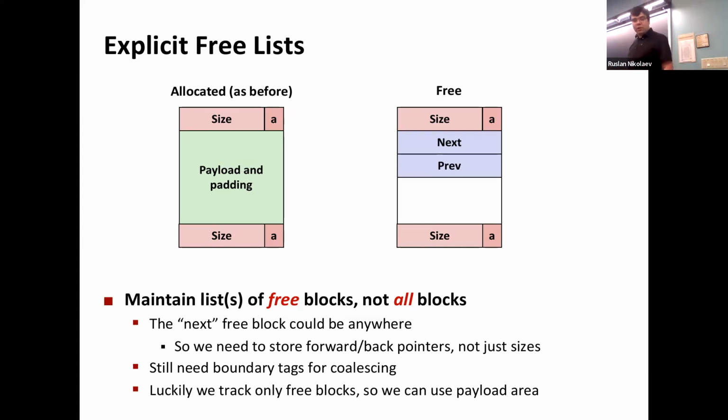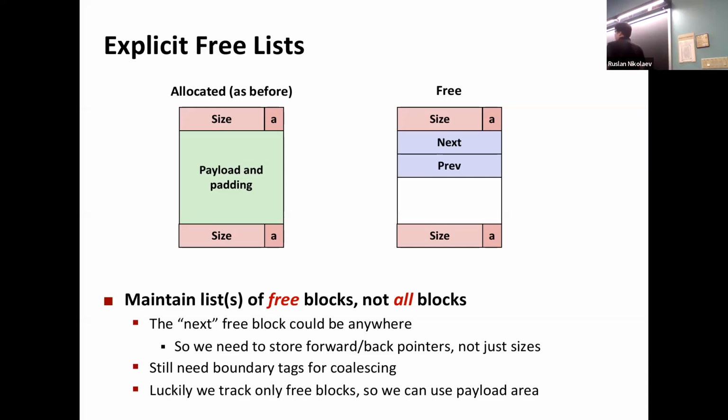Okay, so what do we have? Let's say we have a header, and this is the payload, and this is the footer. Let's say it's an allocated block, so this is marked allocated, 1, in the header and in the footer.